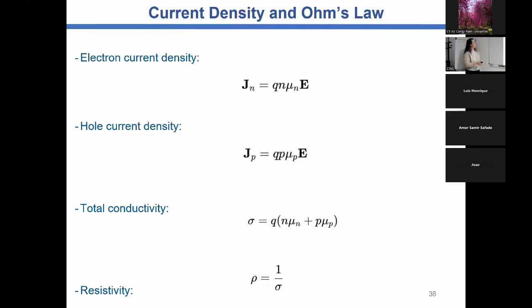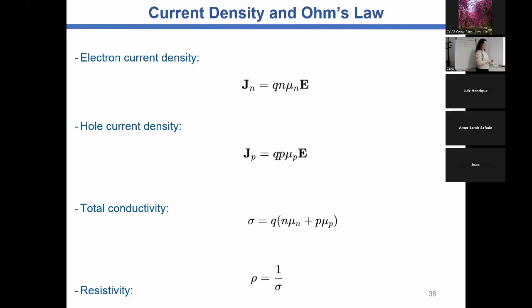So in terms of how we can measure the conductivity and resistivity, to know the conductivity of a material, we must understand that conductivity of a material is a combination of the number of carriers that are available and also the mobility of them.